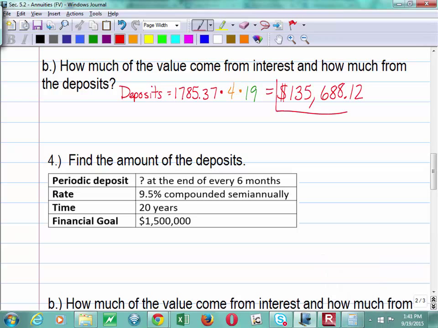Alright, so that's how much the person actually deposited, and then to figure out how much was interest, we'll take the total, which is $250,000, minus the amount that they actually deposited.